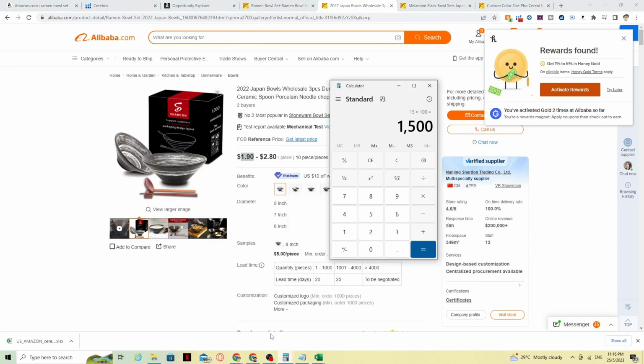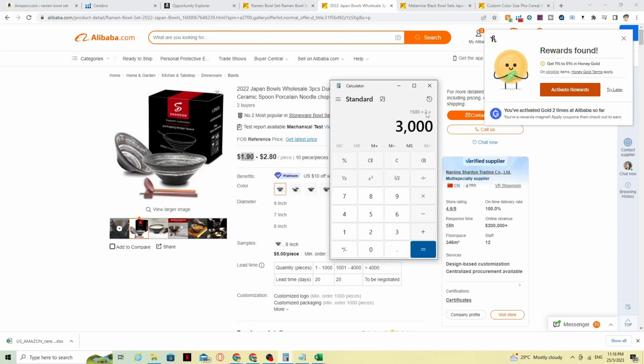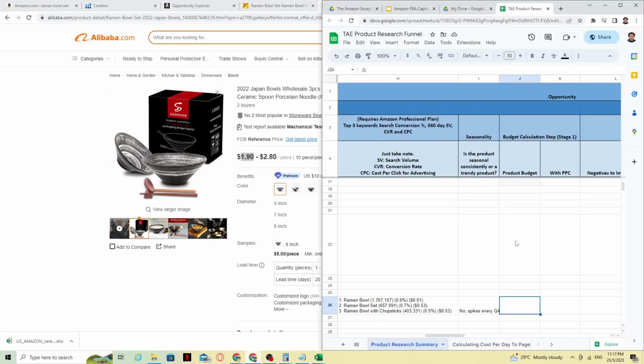So 1.5k times 2, let's say, okay, this is just a set, and I need to actually provide two sets, right? This is just for one bowl, so I need to times 2 again. So it becomes $6,000 as a starting capital initially without differentiation. Okay, and of course with PPC, it will be just equal to this times 1.5.